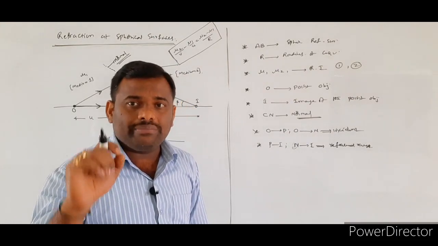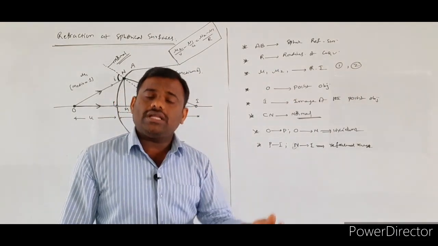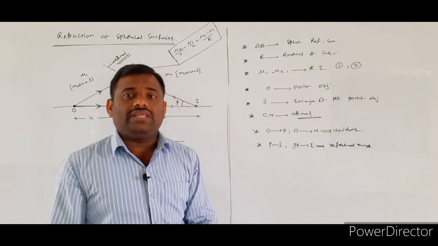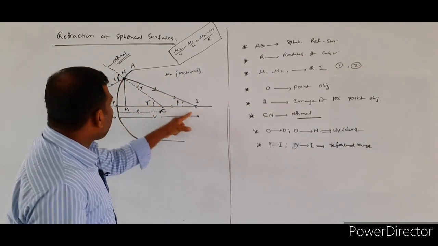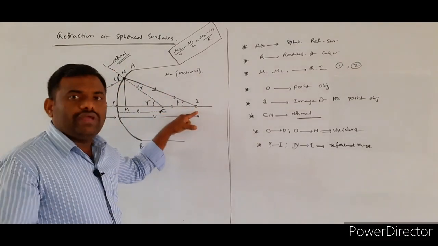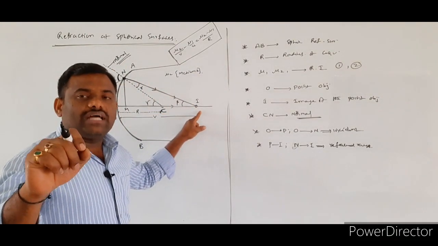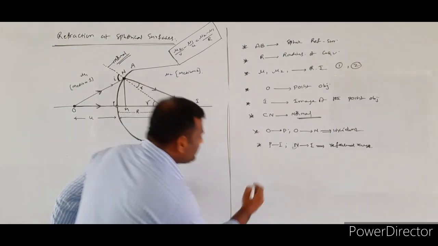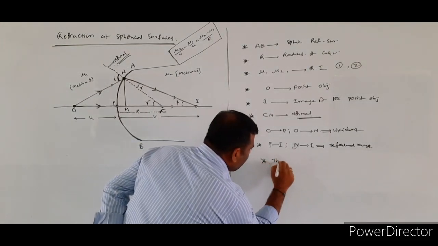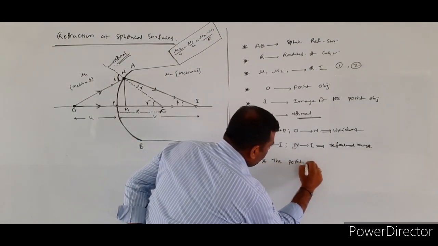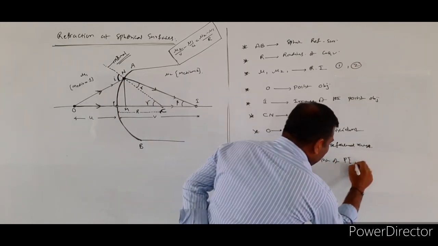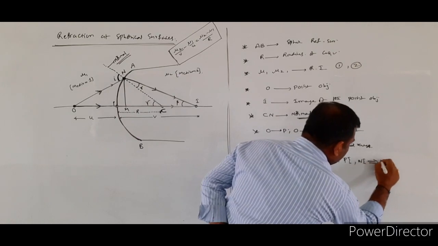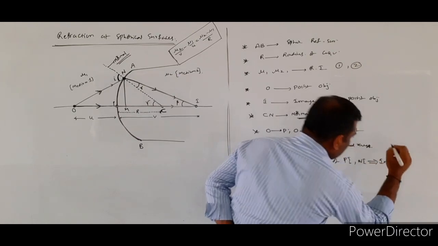How can we define the image? The point of intersection or the point of convergence of the refracted light rays PI, NI will be giving the image of the given object O. So the point of intersection of PI, NI refracted light rays will be giving the image.